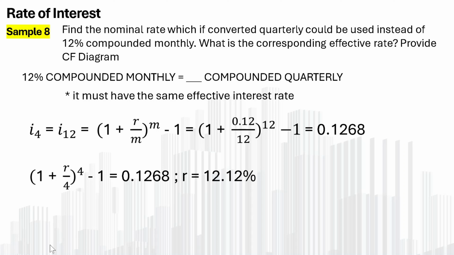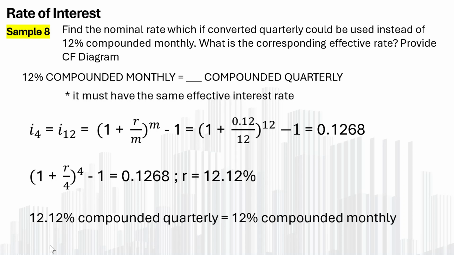So, nakita natin doon, nakuha natin yung nominal rate niya. So, 12.12% yung nominal rate niya, which if converted quarterly, could be used instead of the 12% compounded monthly. Hence, this 12.12% compounded quarterly will be equal to yung 12% compounded monthly natin. So, if we compute it, it should still have the same effective rate of interest dito.